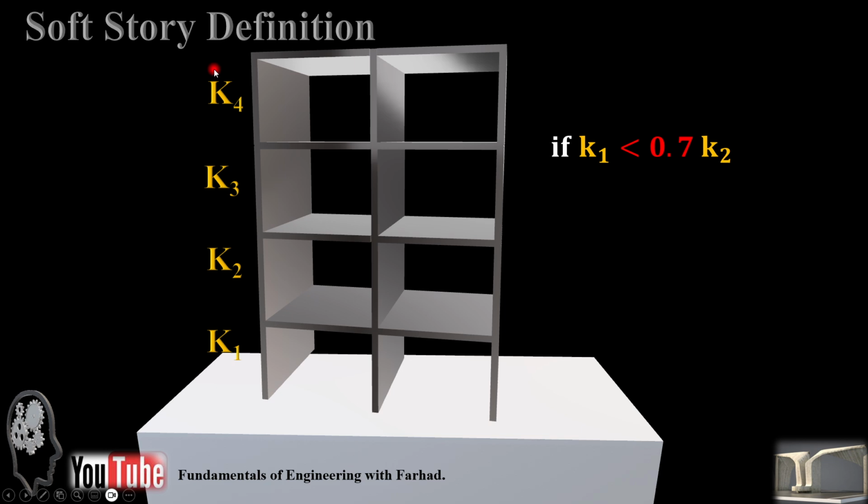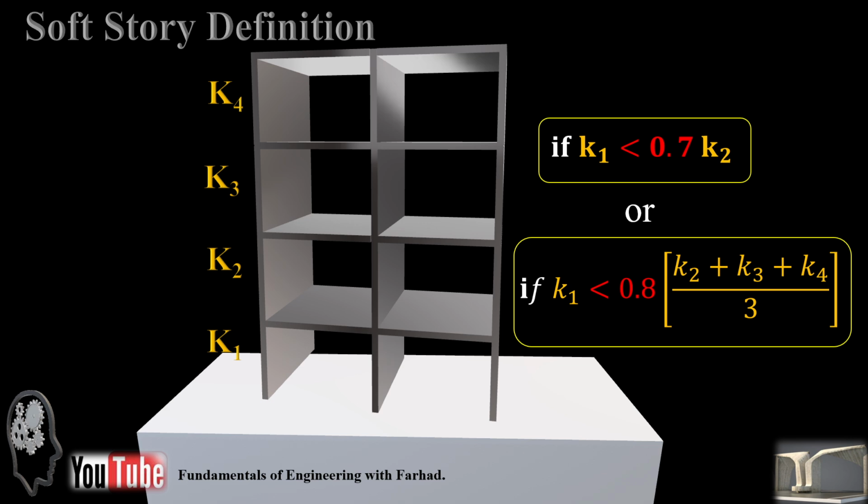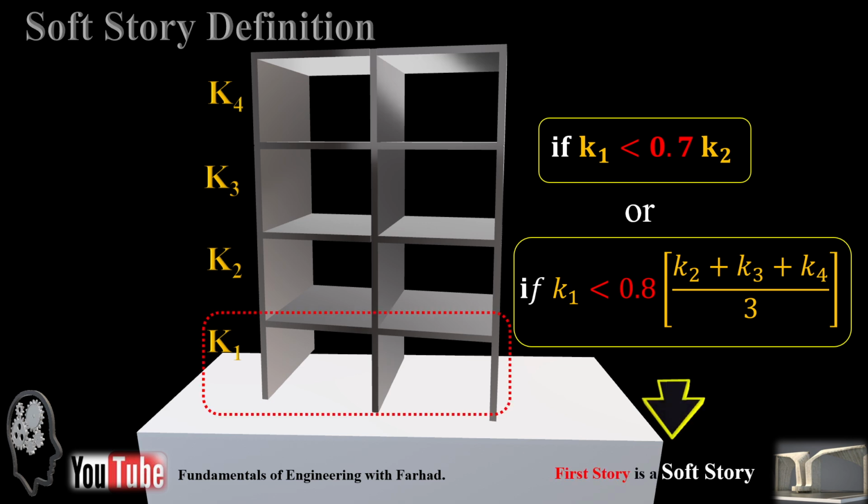For the definition of a soft story, if the stiffness of the first floor is less than 70% of the story above, or less than 80% of the average of the three stories on top of it, in either of these two cases we call the story a soft story. So for K1, the first story, by satisfying either of these two conditions, we say the first story is a soft story.